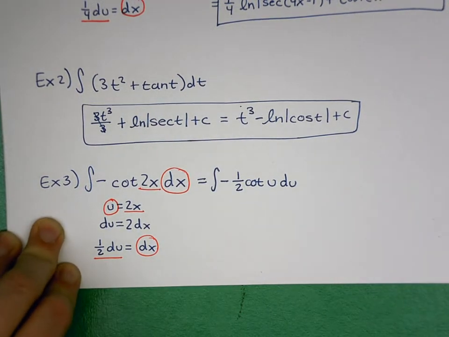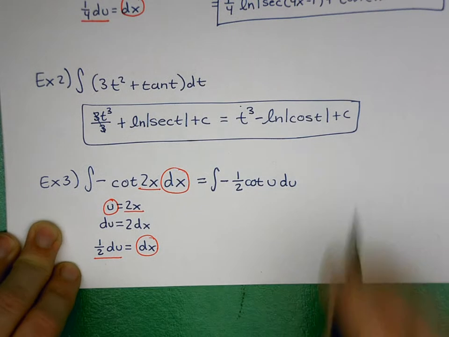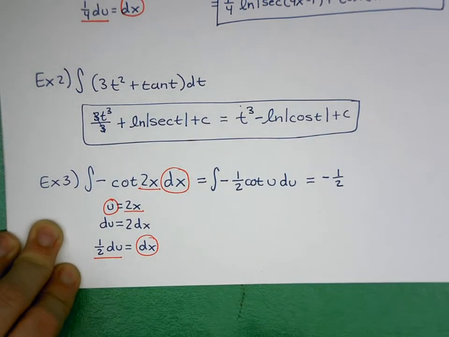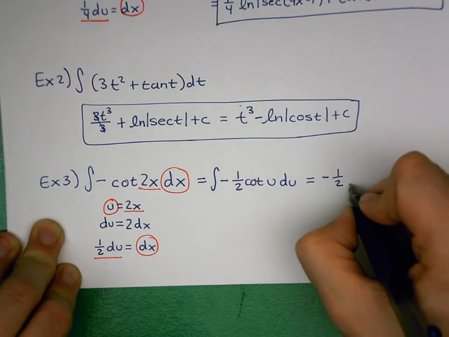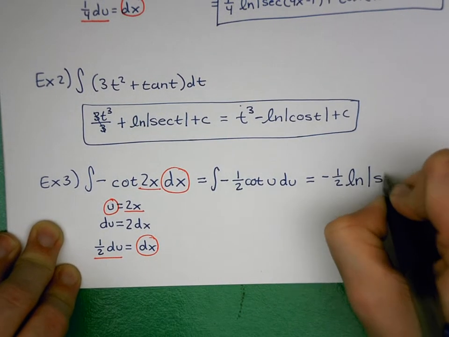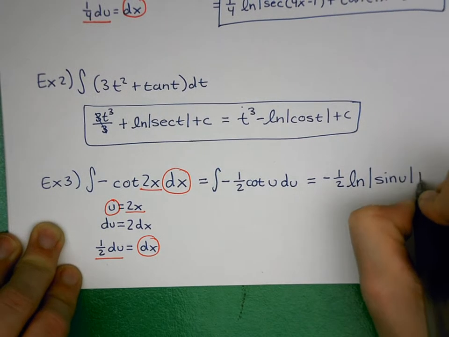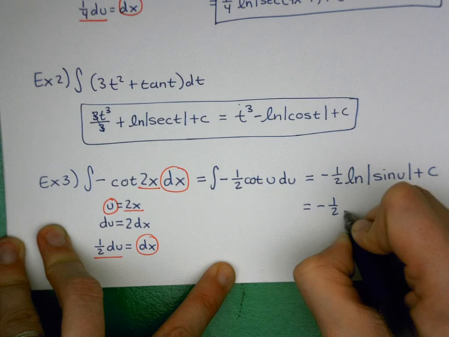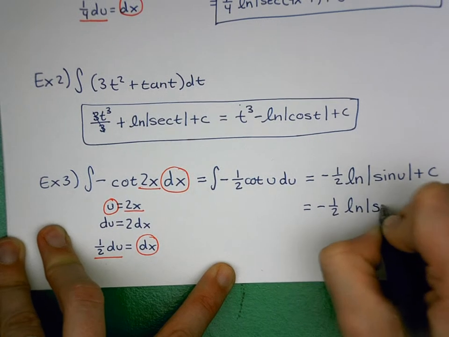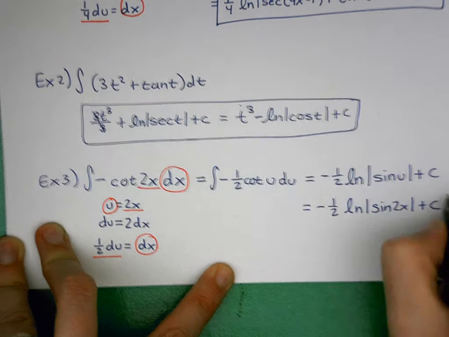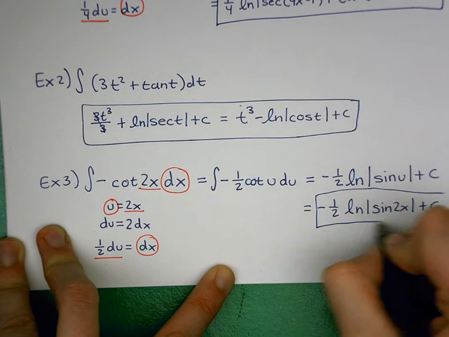Okay, and then the integral of cotangent, I'm going to let that negative 1/2 hang out. Integral of cotangent is the natural log of the absolute value of sine u plus c, which is the natural log of sine 2x plus c. And so that would be your answer.